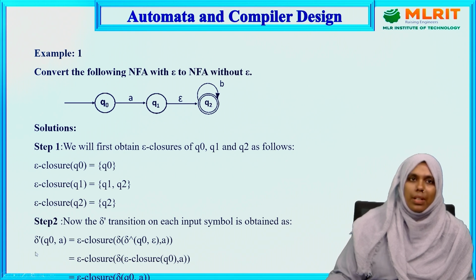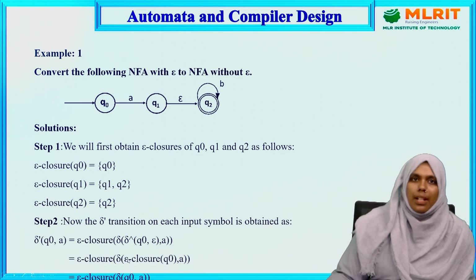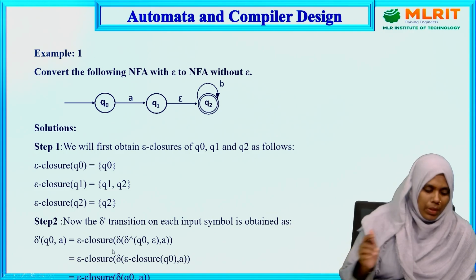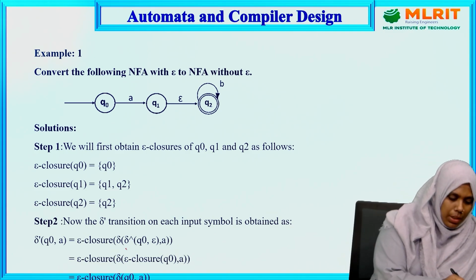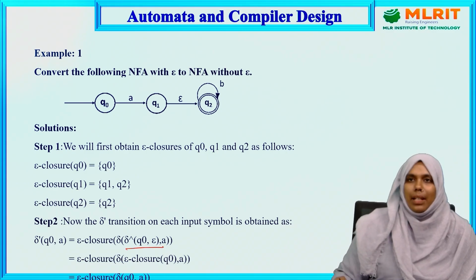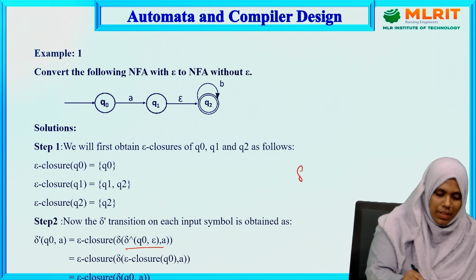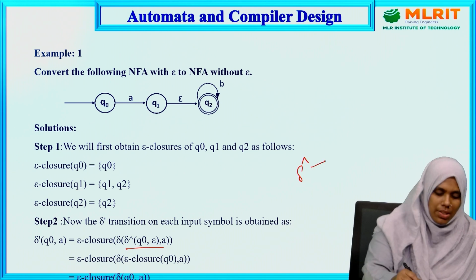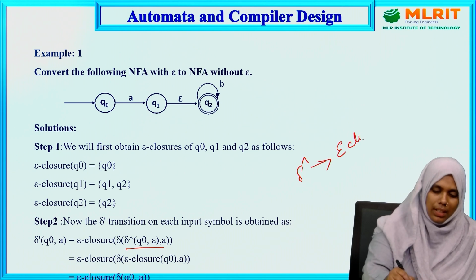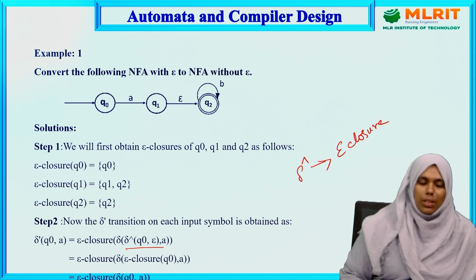Here we write with the symbol transition dash: transition dash Q0 comma A. It will be written with the formula: epsilon closure of transition gap Q0 comma epsilon comma A. First we find the value for Q0 comma epsilon, that is transition gap, which is denoted as the epsilon closure.